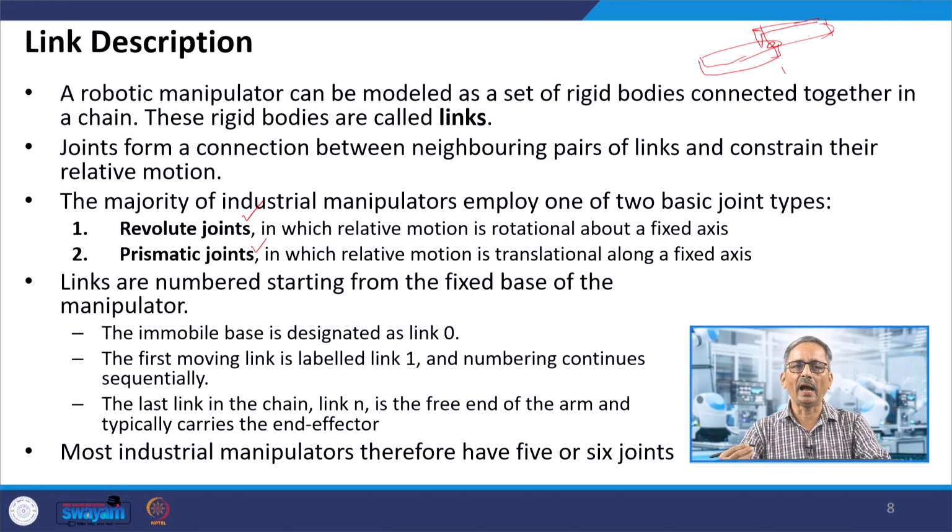And we could have a way of numbering these links, starting from the fixed base, which we assume is not movable. So, the immobile base can be designated as link number 0, and the first moving link can be labeled as link number 1, and so on. And the last link in the chain can be labeled as the nth link. Most industrial manipulators have 5-6 joints.